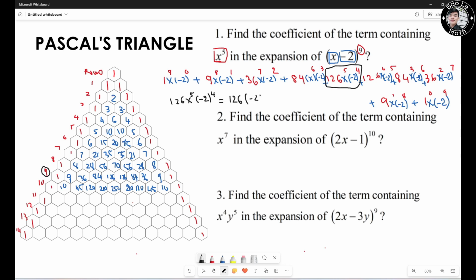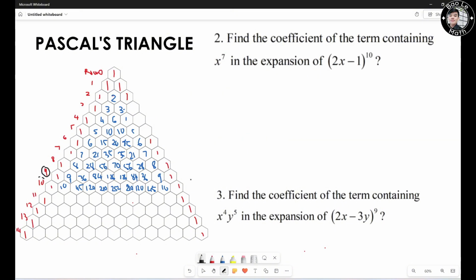What you need to find is this number right here, because the question asks you to find the coefficient. So you hit the calculator, 126 times 16. The answer must be 2016.